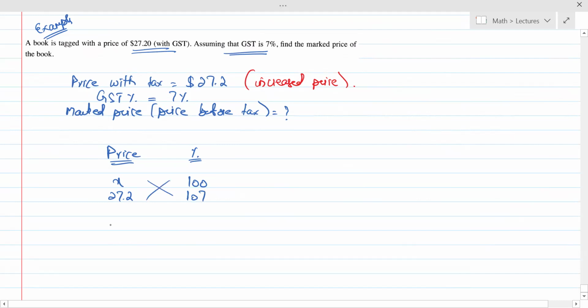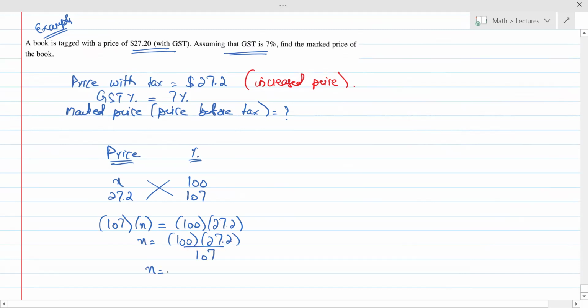We do this cross multiplication for the equation to be formed. So it's 107x equals 100 into 27.2. X equals 100 into 27.2 upon 107.